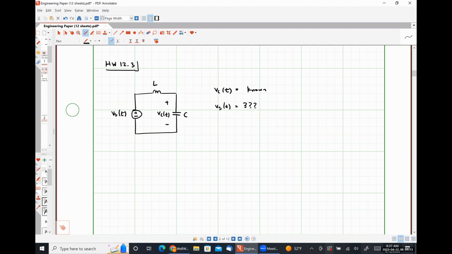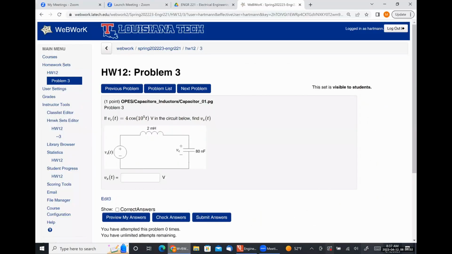Anybody have any thoughts on how we might take a crack at a problem like this? Once again, I like to put stuff like this on your exam. Vc of t is a cosine function, so it is very much not a DC quantity.